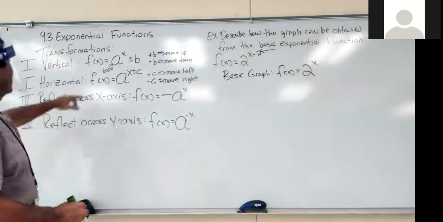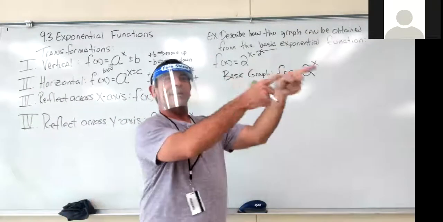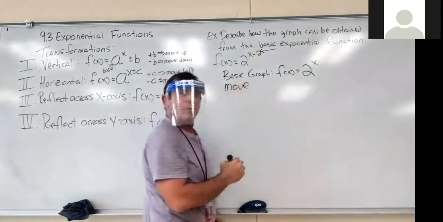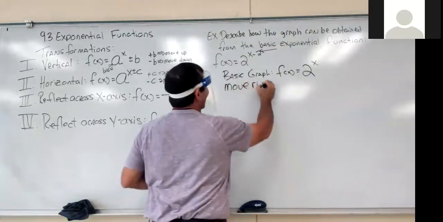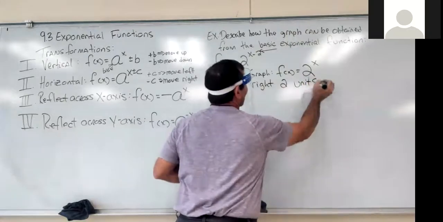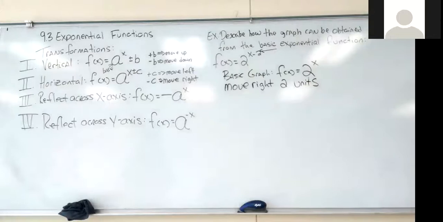So that looks like this case. And I'm subtracting it, so it's going to move me to the right. It moves me right 2 units. I'll show you on here when you graph that.